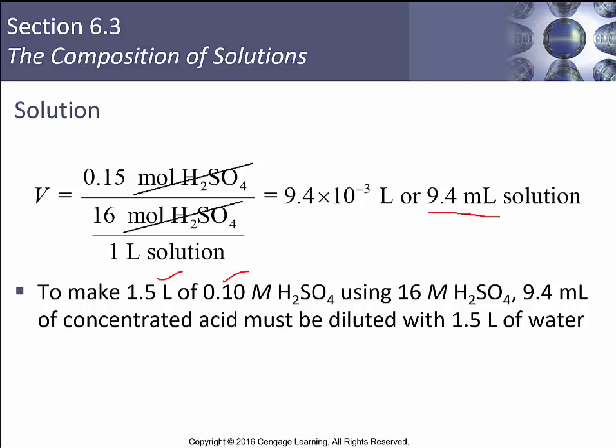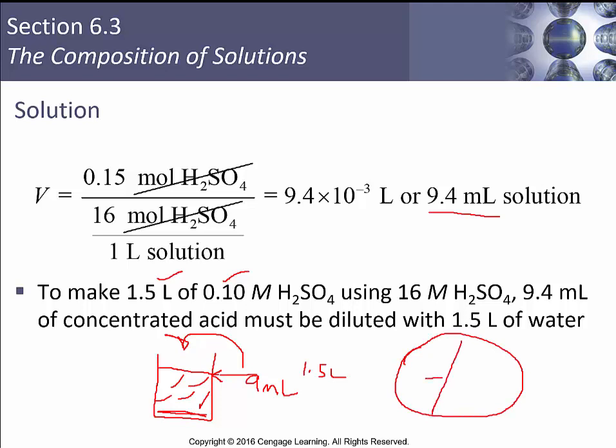Now, when we do this, here is an important point. You're going to put in your 9 milliliters, and then you're going to add in volume so that the total volume is going to be equal to 1.5 liters. You are not going to start with 1.5 liters and then add in your 9.4 milliliters. Don't do it that way.